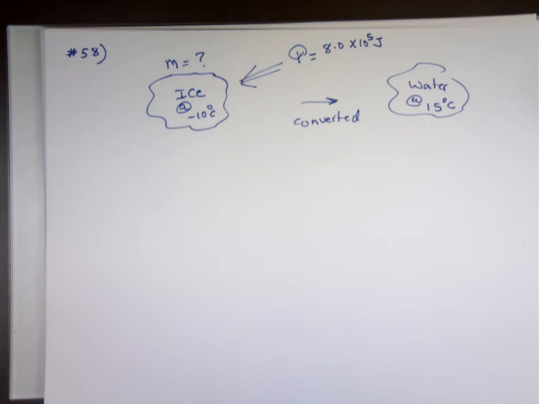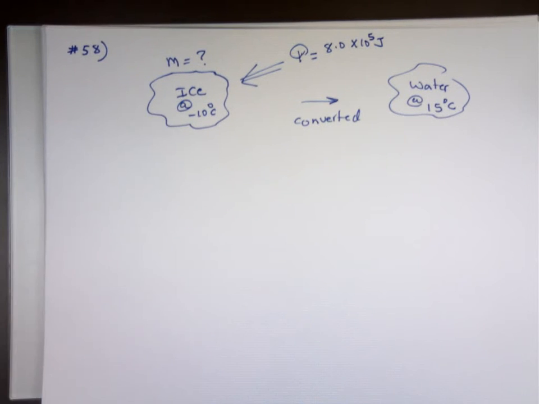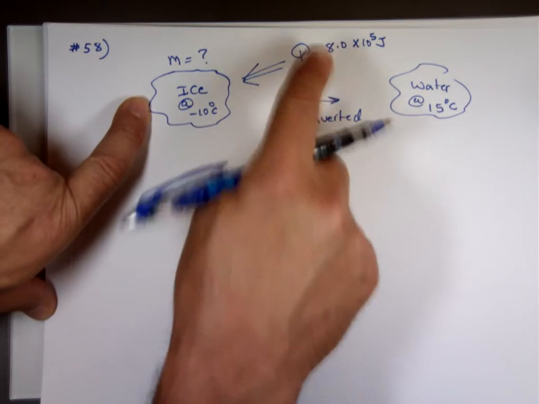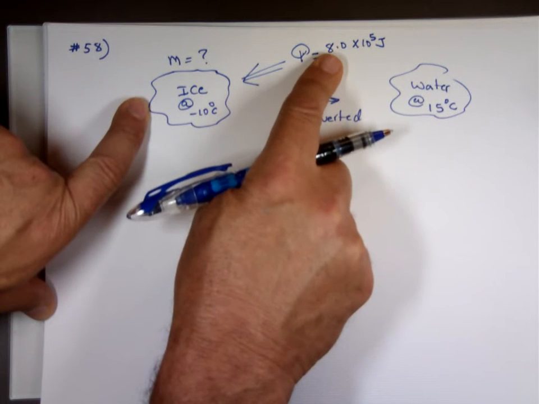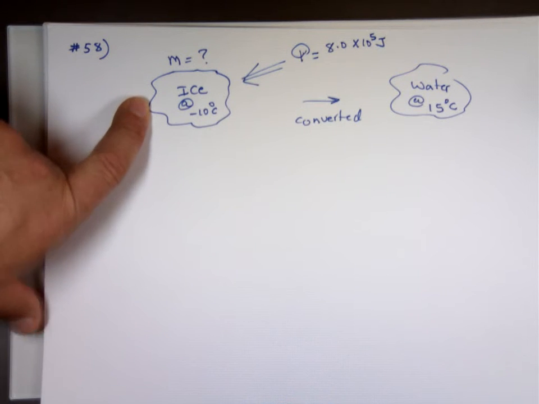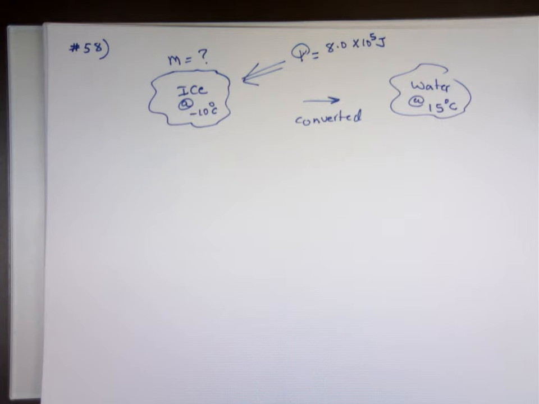The question, how much ice did we have to start with? What was the mass of it? So obviously the ice is going to gain some heat. That heat you added, actually, we lost it because it was high temperature. When it hits the ice, the ice takes it from it.